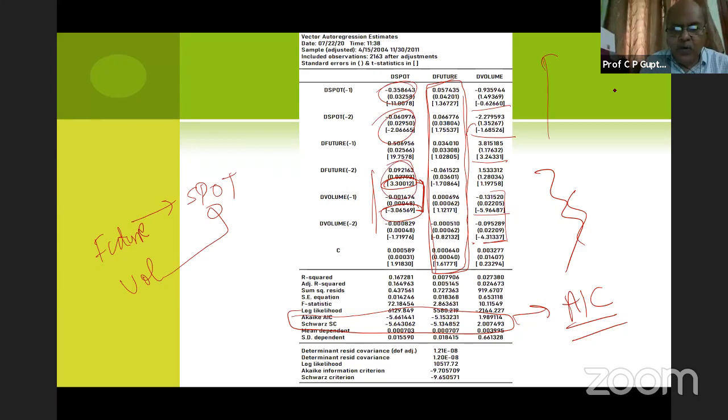We don't have any overall hypothesis. We have an individual hypothesis for betas. Okay. There is a question why a double arrow between spot and volume to show that there is a bidirectional relationship, as you can see from here. Sorry, I've deleted that.